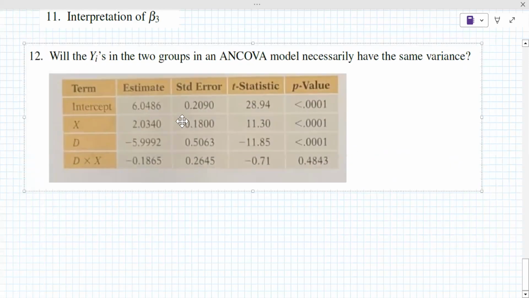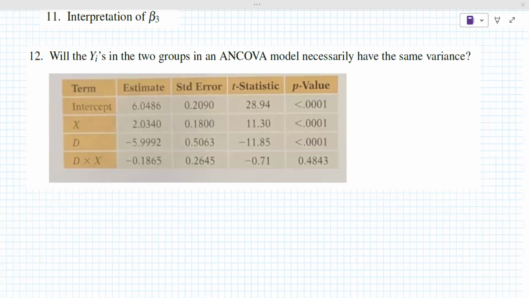So we have a new question here. The way this is asked, it's like a true false, yes or no, or in a multiple choice, it would be two yeses, two nos, with the proper thing here. What I'm looking at, and I think you probably saw this in the notes as well, is there's always an assumption required to do the ANCOVA.